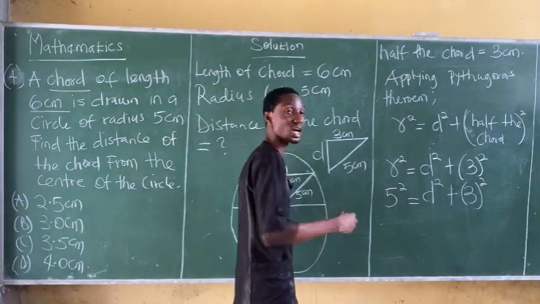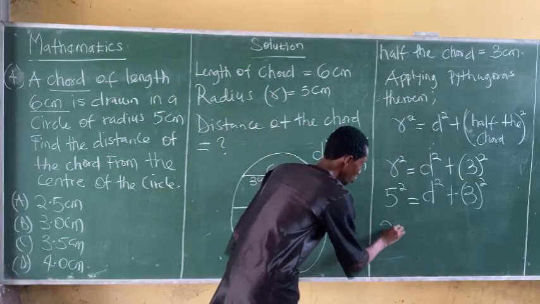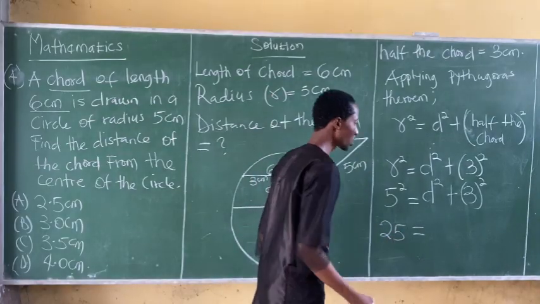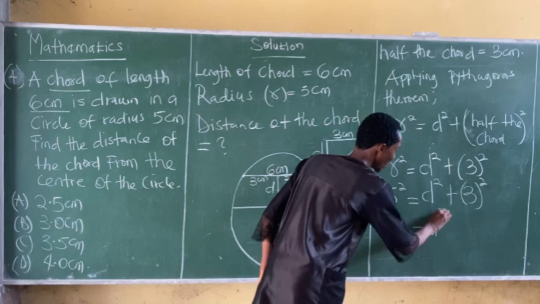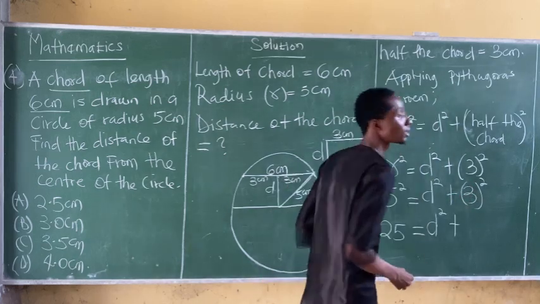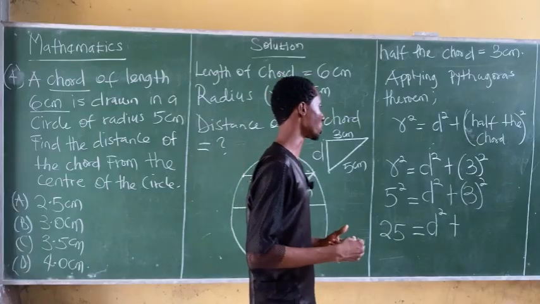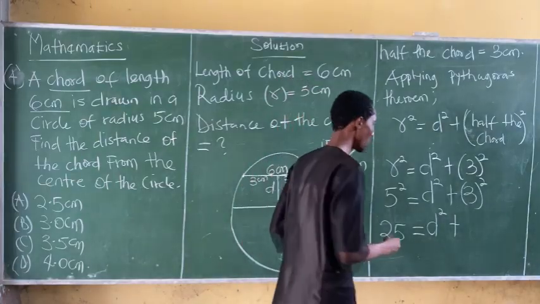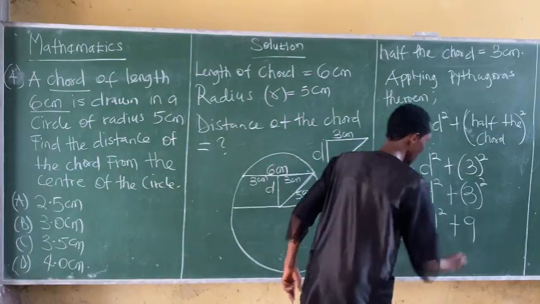Twice. So you have 5 times 5. It's going to give us 25 is equal to d square plus 9, 3 squared. 3 squared will give us 9 because it's 3 multiplying itself 2 times. And you have 3 times 3 to give us 9.